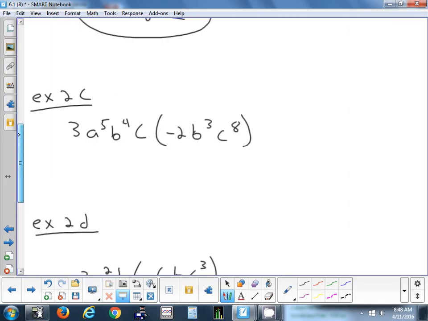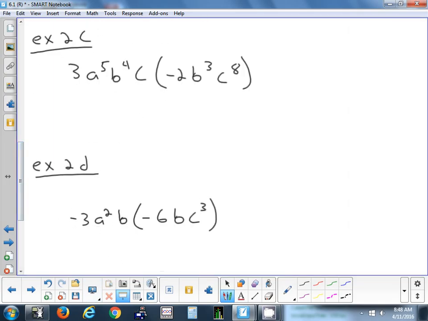All right, guys, like Mr. Hager was doing on those last couple, tonight when you're at home or if you work on it in another class, on your homework, you're not going to have 3 or 4 different colored pencils or markers. So what I do when I do these is I separate the numbers from the different letters. Remember we said before, there's no sign with that 3, but we know that it's positive, right?